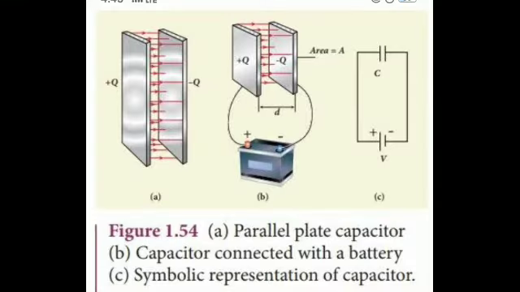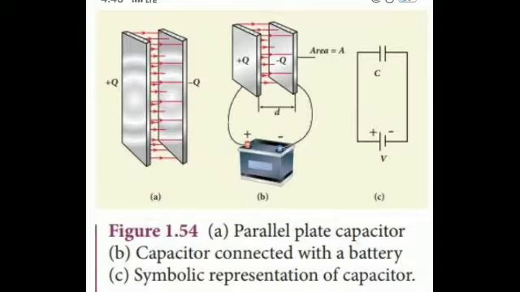A simple capacitor consists of two parallel metal plates separated by a small distance. When a capacitor is connected to a battery of potential difference V, the electrons are transferred from one plate to the other plate by the battery, so that one plate becomes negatively charged with a charge of minus Q and the other plate positively charged with plus Q. The potential difference between the plates is equivalent to the battery's terminal voltage.